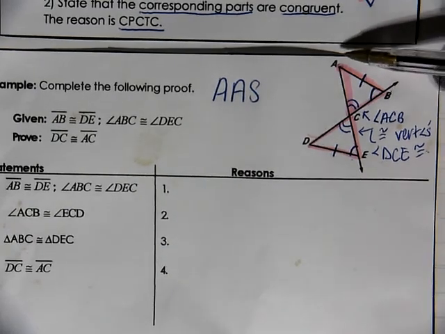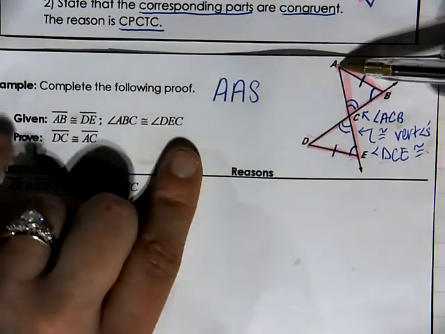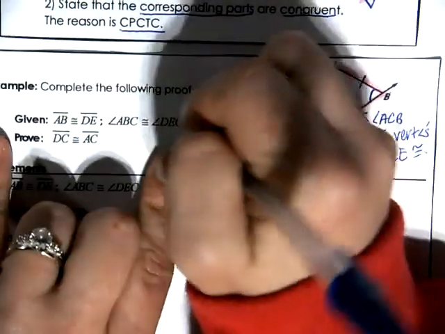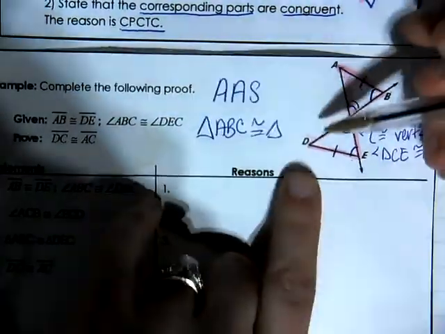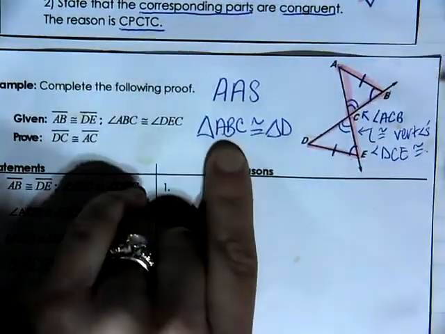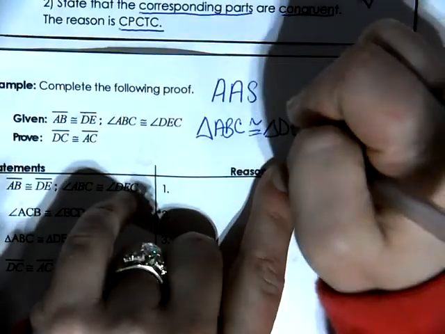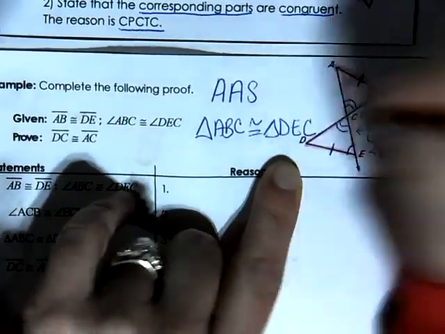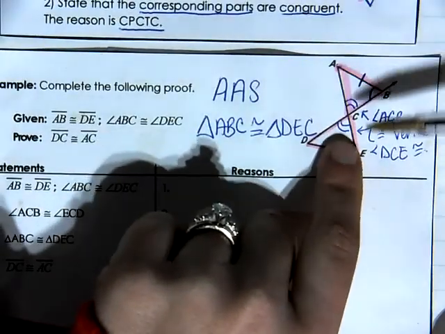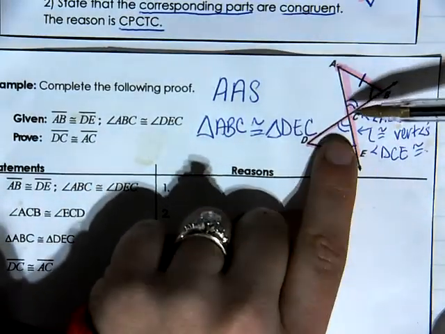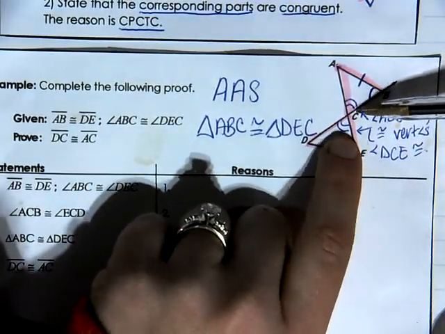So I'm going to say that somehow I'm going to prove that triangle ABC is congruent to triangle, well, A corresponds with D, B corresponds with E, and C corresponds with itself. There's my triangle statement.